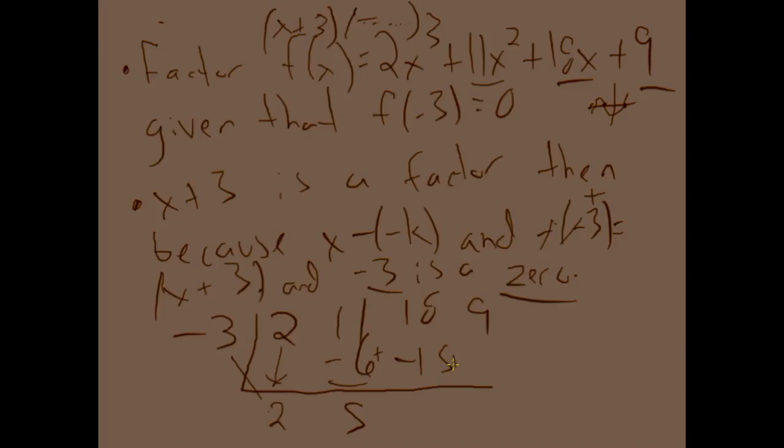We add these up, and this becomes 3. And then 3 times negative 3 is negative 9. And this becomes 0. I told you it'd be a 0.